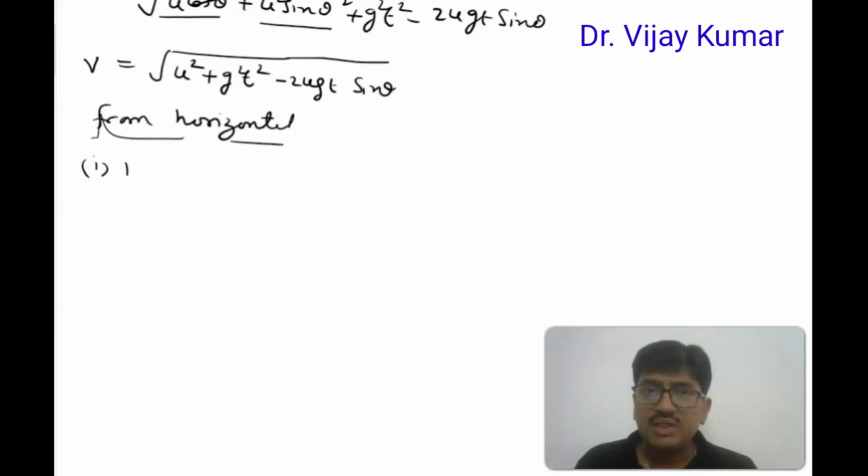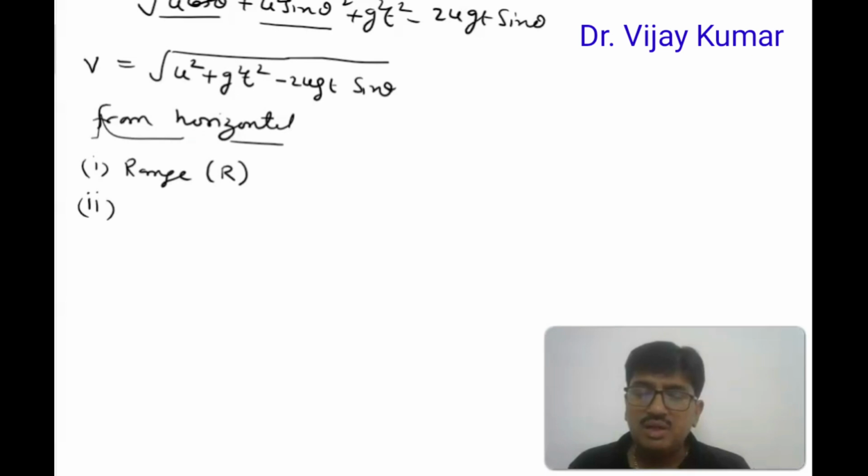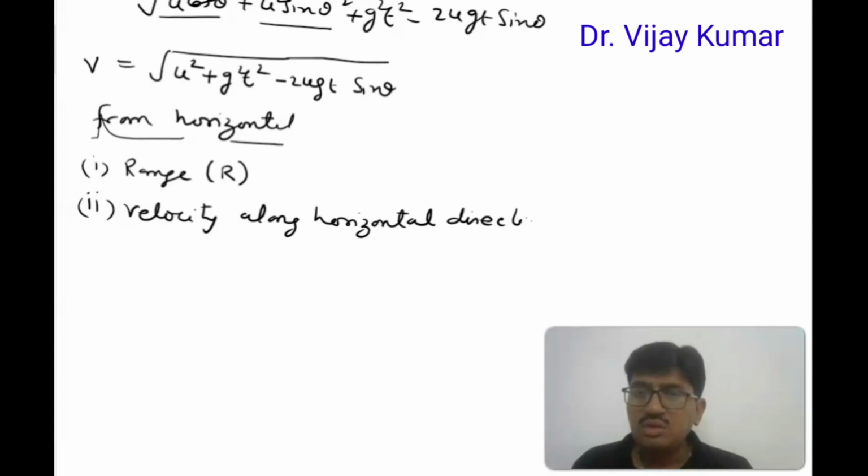Number one, range, which is represented by R. Second, we will determine the component of velocity along the horizontal direction after time t.